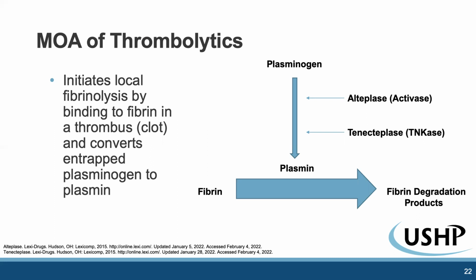In this diagram, we have our fibrin, which signifies our clot, and then we have our plasminogen and plasmin. Two of the key primary drugs that we use in the United States for thrombolytics are alteplase, also known as Activase, and tenecteplase, also known as TNKase. These two drugs change plasminogen to plasmin, which leads to the degradation of fibrin products.